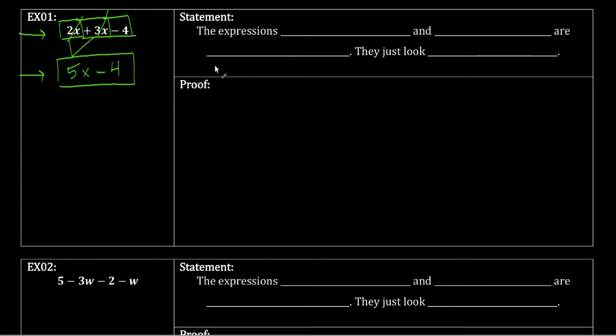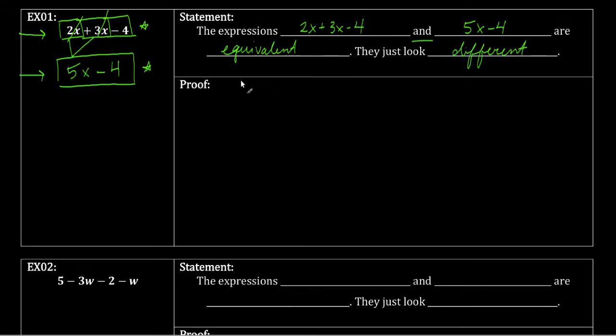What we're really trying to say is that the expressions 2x plus 3x minus 4 and 5x minus 4, we're trying to say that this expression here and this simplified version are equivalent. They just look different. Okay?